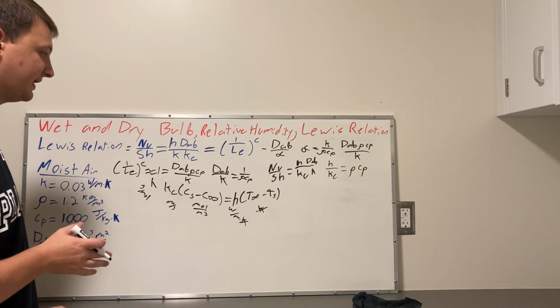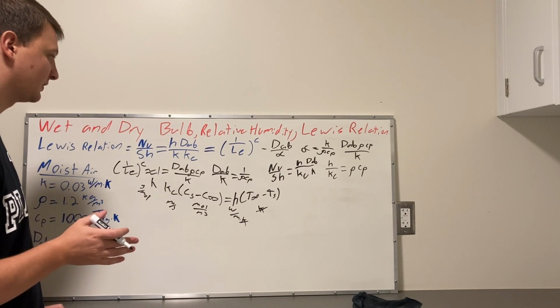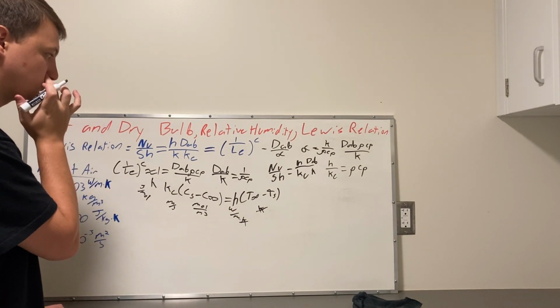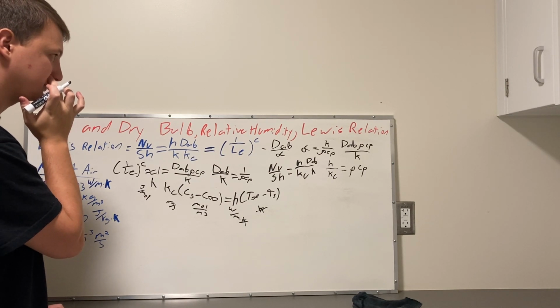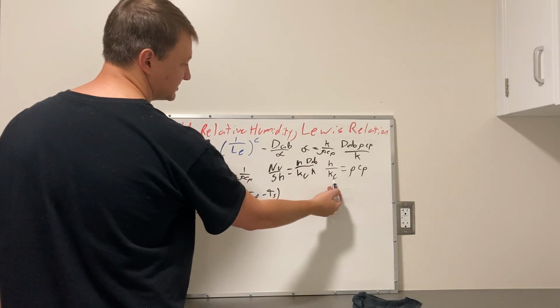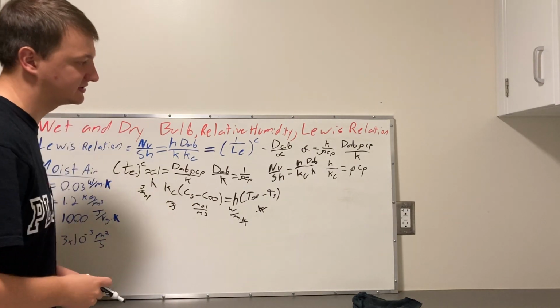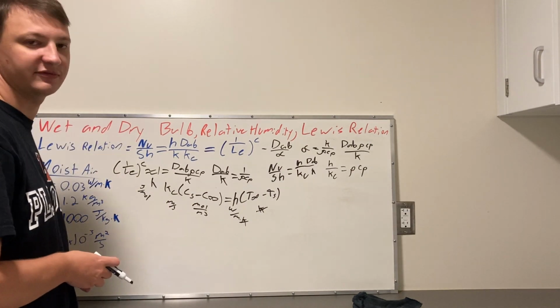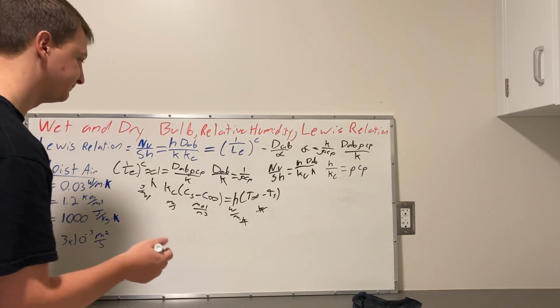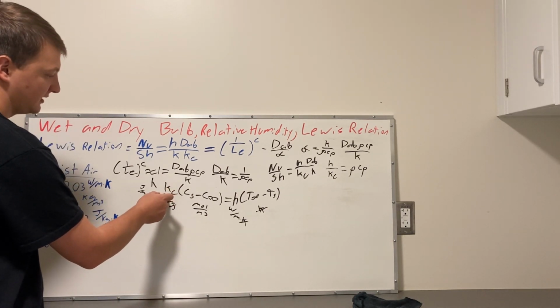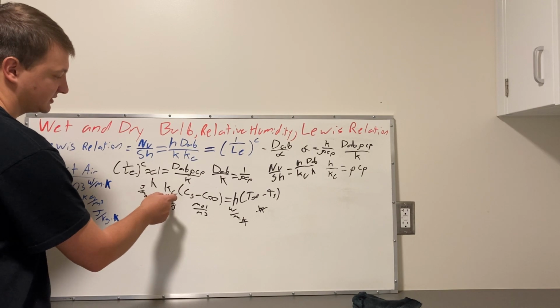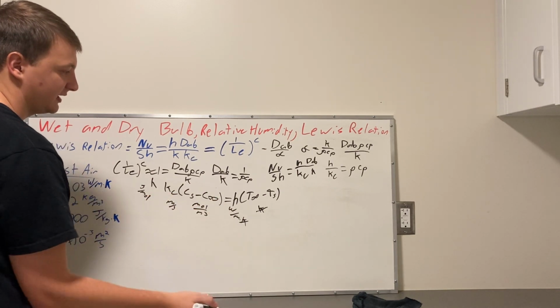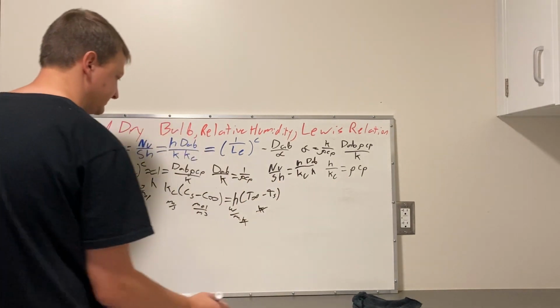Now, given that, we're going to use our last relationship over here. The heat transfer coefficient over the mass transfer coefficient is equal to the volumetric heat capacity. So we're going to take the mass transfer coefficient and put it over there to give us this portion.